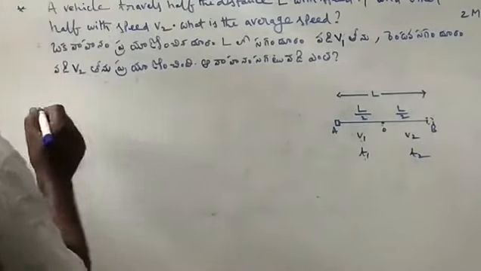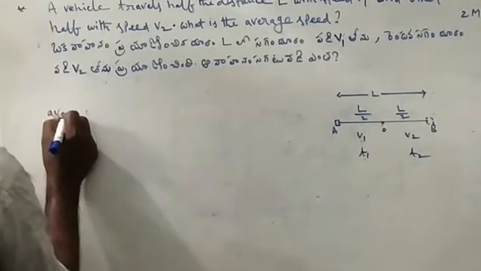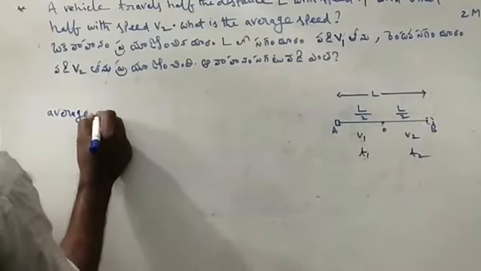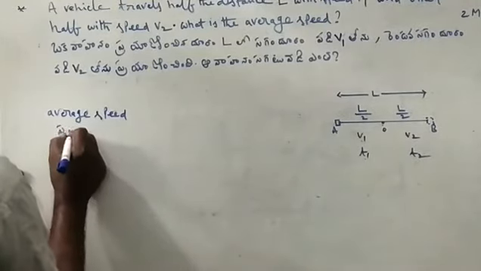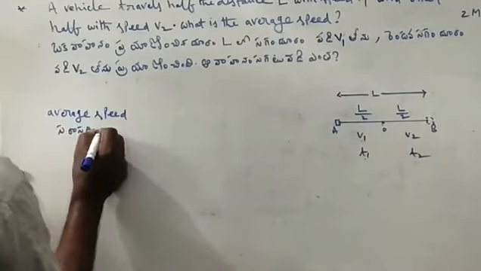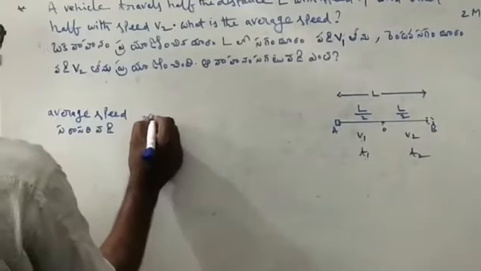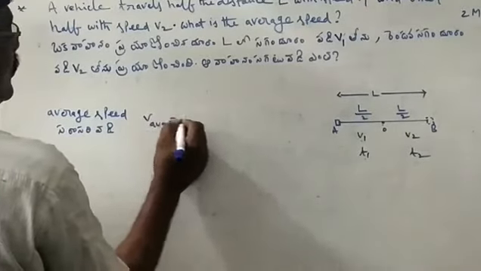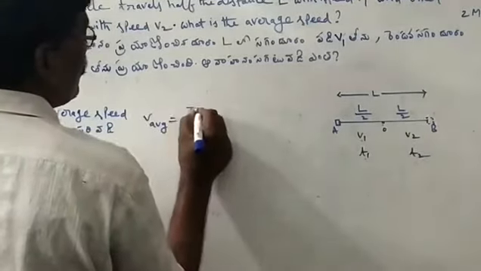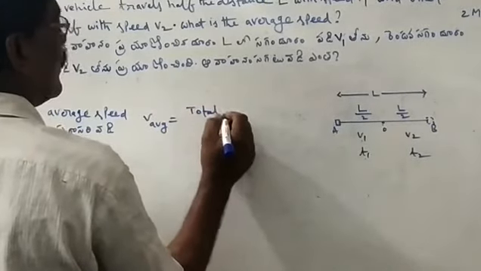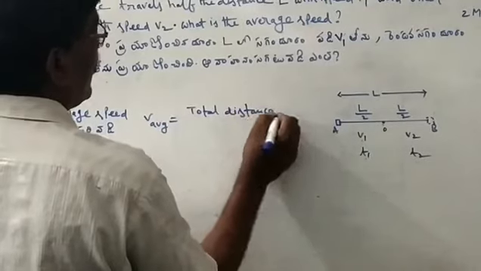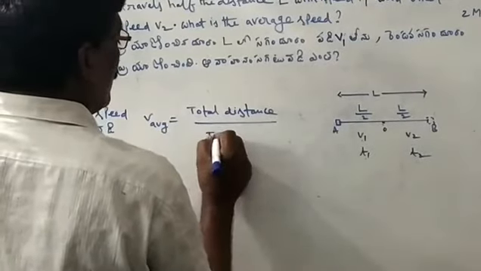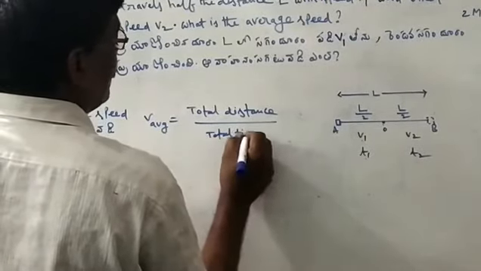Now average speed. V average is equal to total distance by total time.